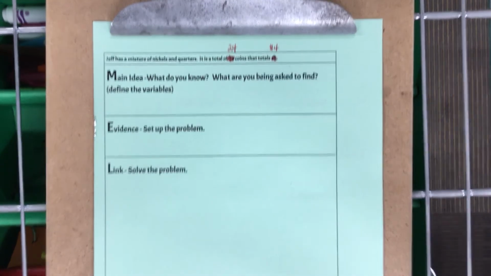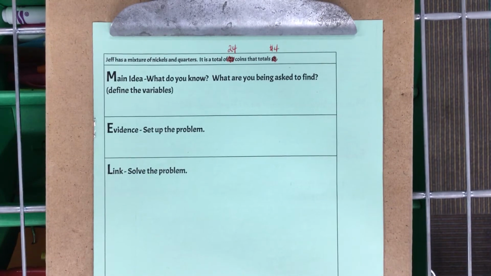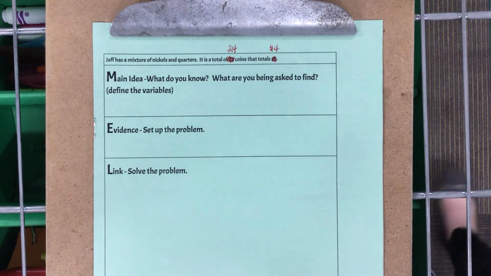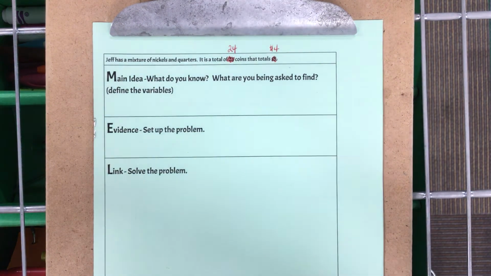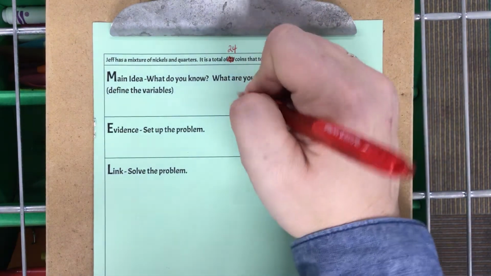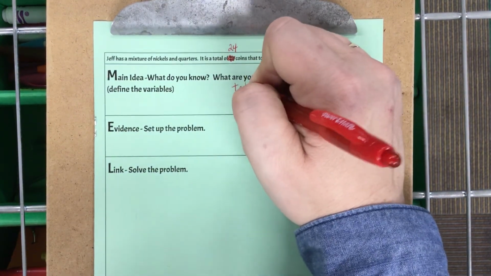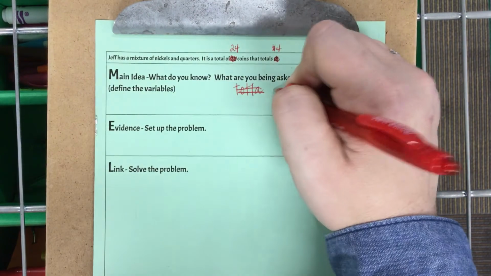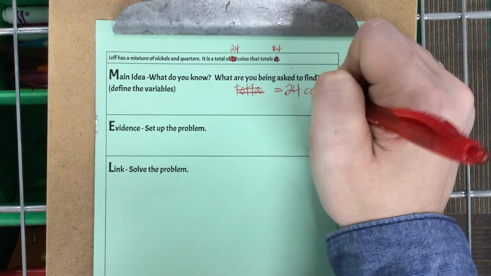What do you know? Two answers. What are you being asked to find? To find the variables. Two answers, because there's two equations, and two variables. Oishik. Okay, so there's a total, I'm going to put equals 24 coins. Good.